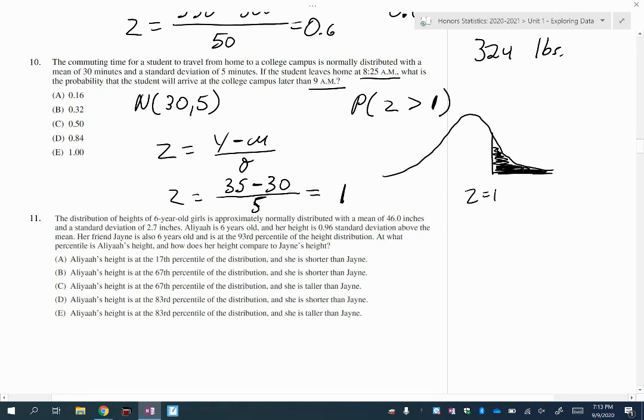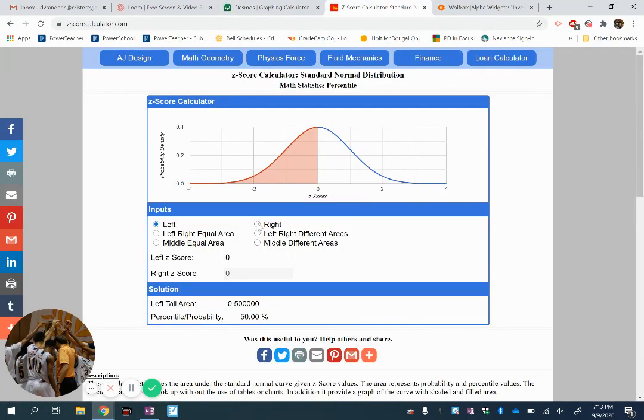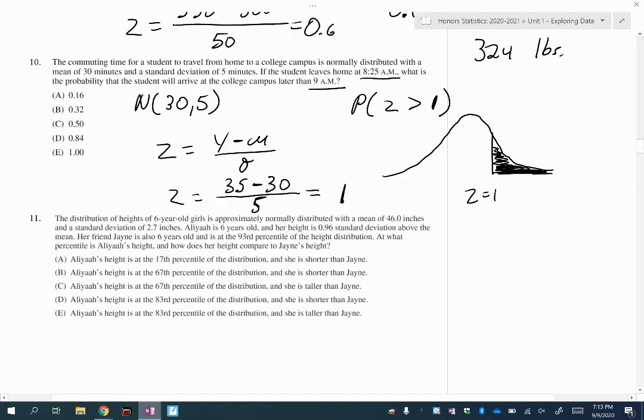I'm going to go to my z-score calculator, and it spits out the answer: shading to the right of the z-score of 1, it's 15.87%, or 0.1587. That's my answer, but when I look for it, I don't see it. So you always look for the closest one, which in this case is 0.16.